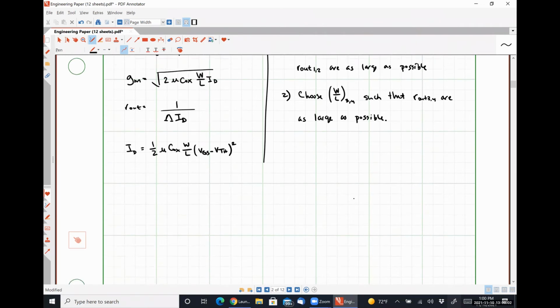Right? So we are going to have a very fixed ID in this case, right? Because ID for transistor M5 is effectively that I reference current that we wanted to have. So we can't monkey around with that or it's going to have large scale effects, right?